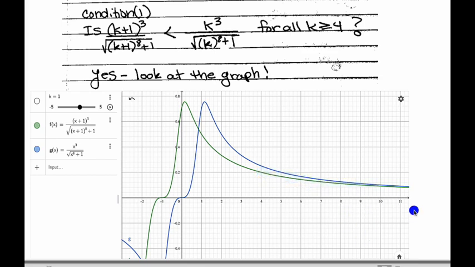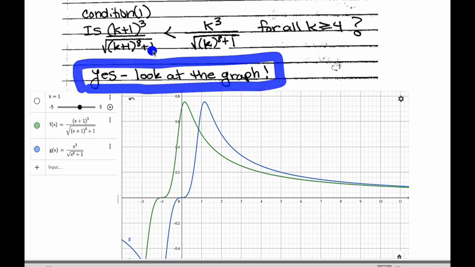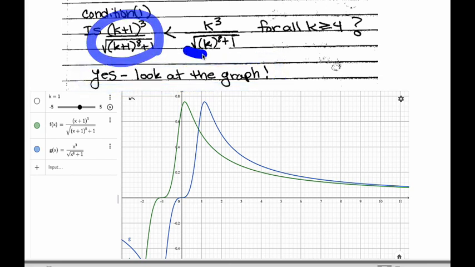And if you go out further and further and you zoom in, you can check it. So for all values, for k is equal to 4 or greater, you can see that the k plus 1 term is smaller than the k term. So we can verify that and say, yes, these terms are smaller than these terms. So the first condition is met.